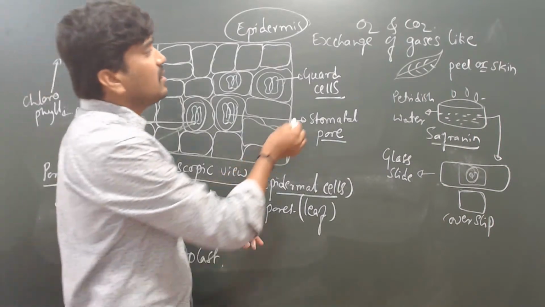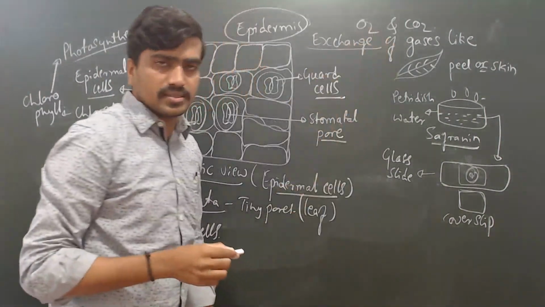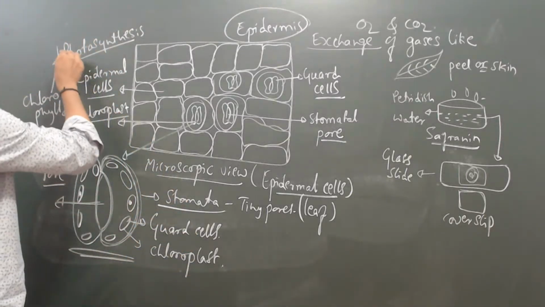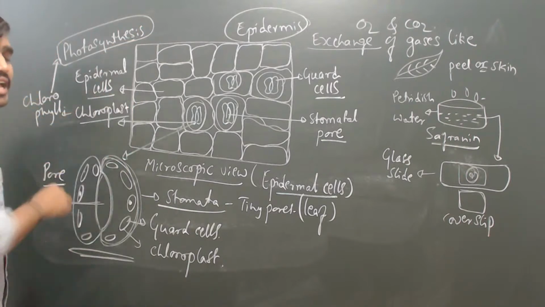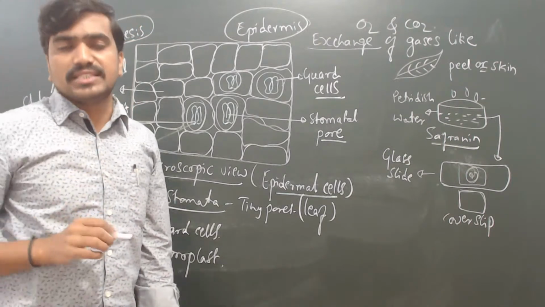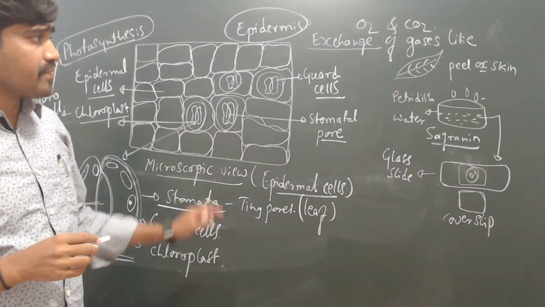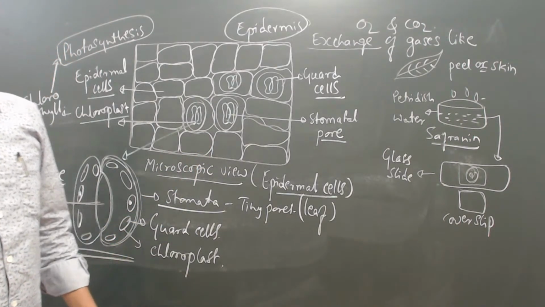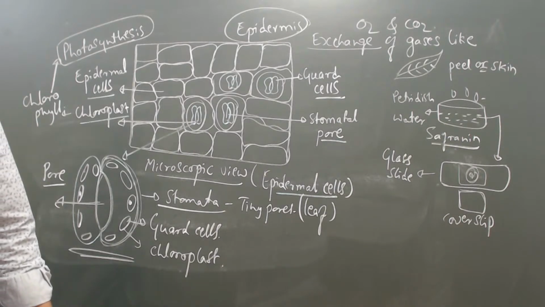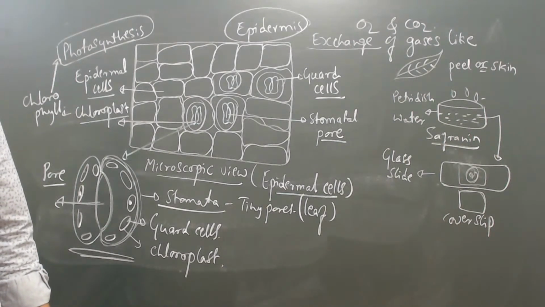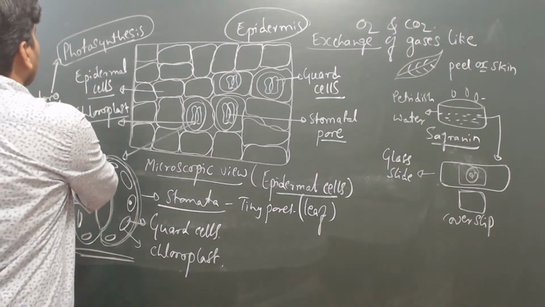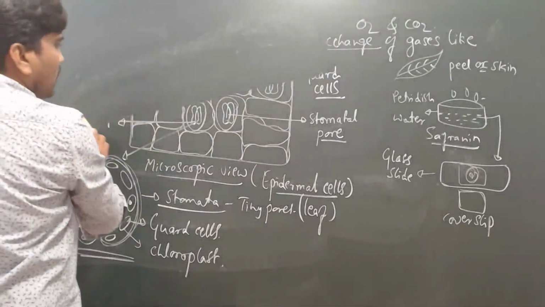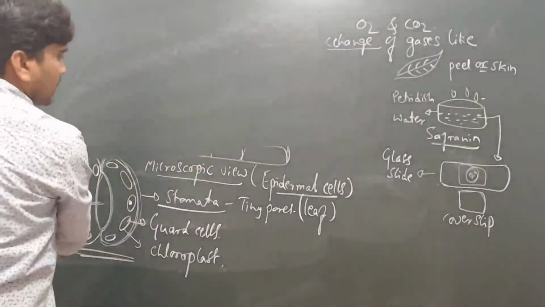Function of stomata: exchange of gases like O2 and CO2 in the process of photosynthesis as well as respiration. This is about activity 6.3 from page number 72. And you already know that the function of these epidermal cells is mainly protection.